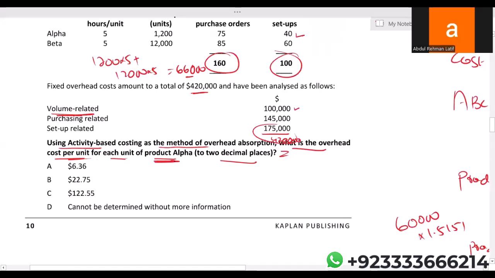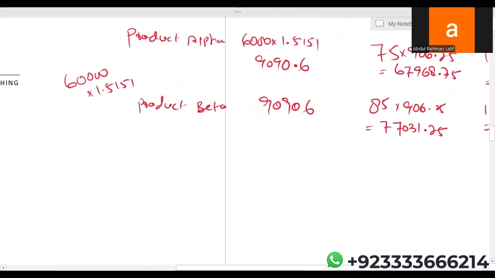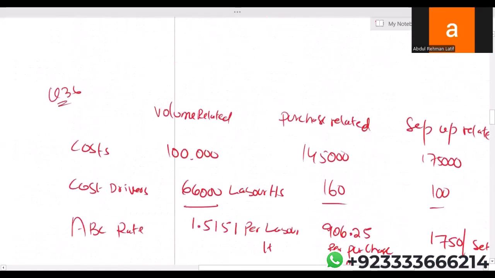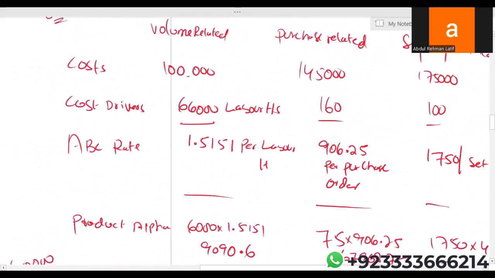Overhead cost per unit of alpha. Now listen carefully. It is equal to the total overheads which belong to product alpha.